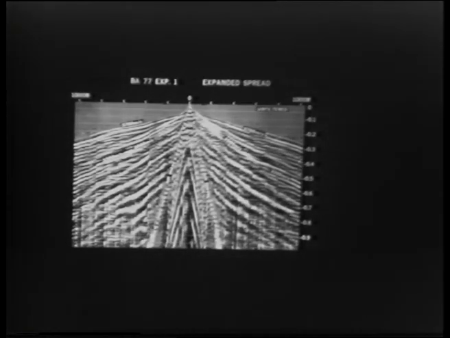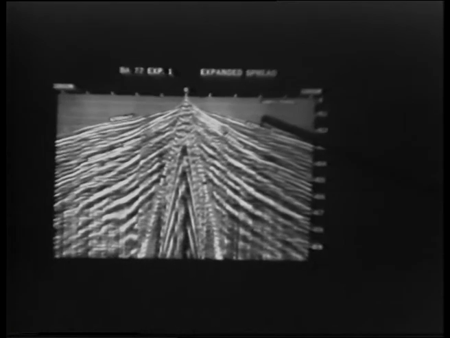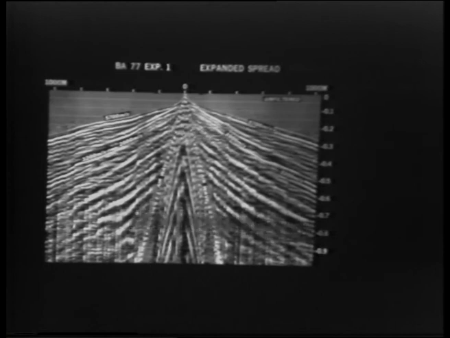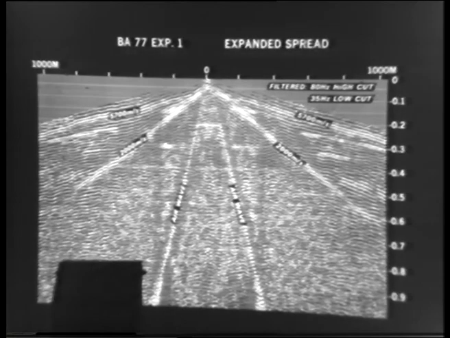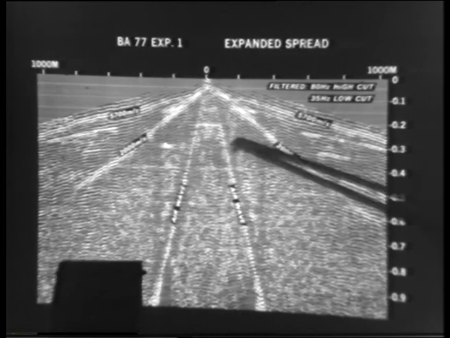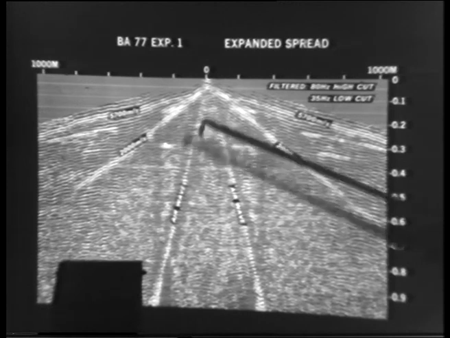This is an example of an expanded spread shot on the Stuart shelf. It shows typically fairly high near-surface velocities and massive surface ground roll problems. Any reflections in there certainly aren't very evident on this particular display. After filtering this, with digital filtering, you can see certain evidence of some reflections in this particular zone.